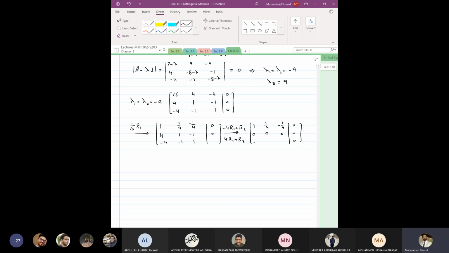Multiply row 1 by 4: 4 minus 4 is 0, 1 minus 1 is 0, and 0. So we have two zero rows, two free variables, and only one row: k1 plus 1/4 k2 minus 1/4 k3 equals 0.